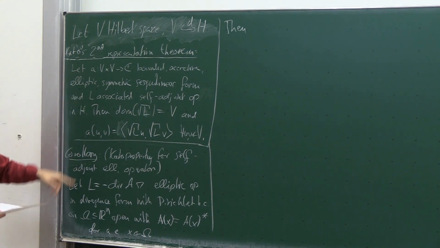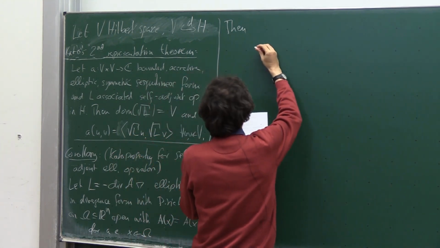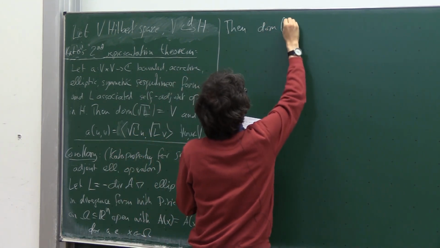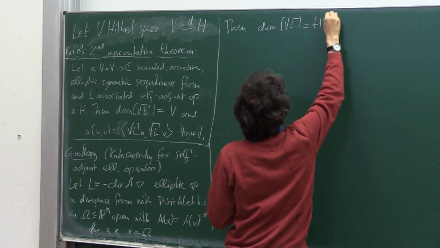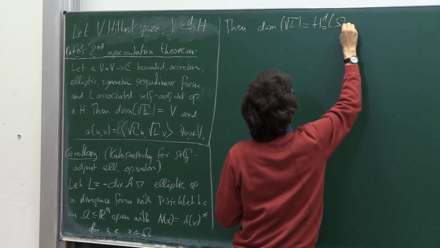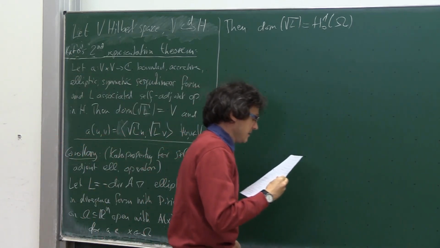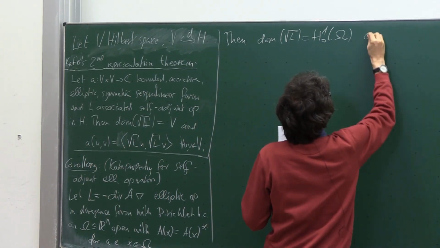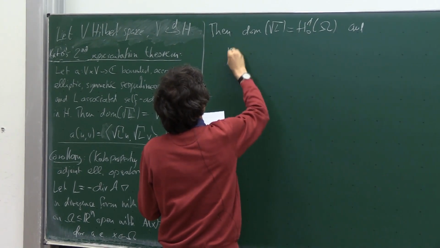So this theorem applies, and it tells us that the domain of the square root of L is the same as the form domain, the space V, so this is H10 of omega. And we will see there is even comparability of the norms.